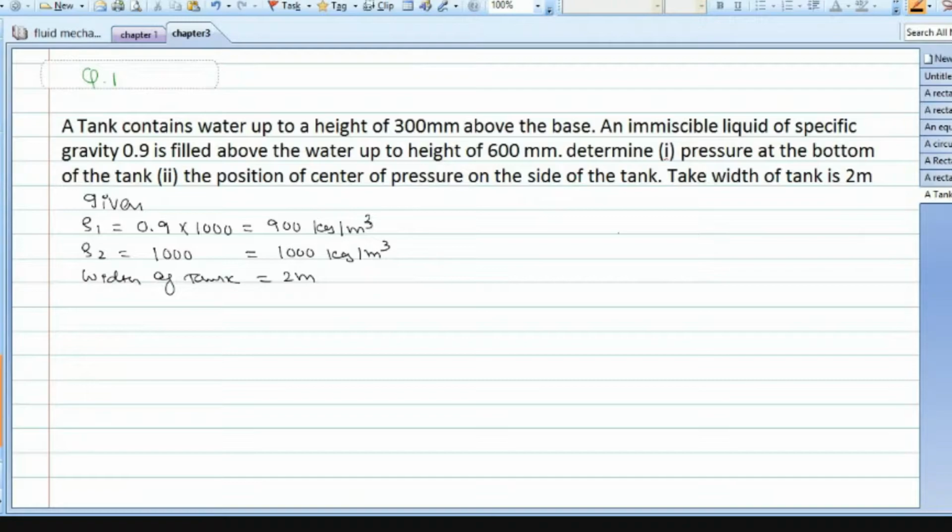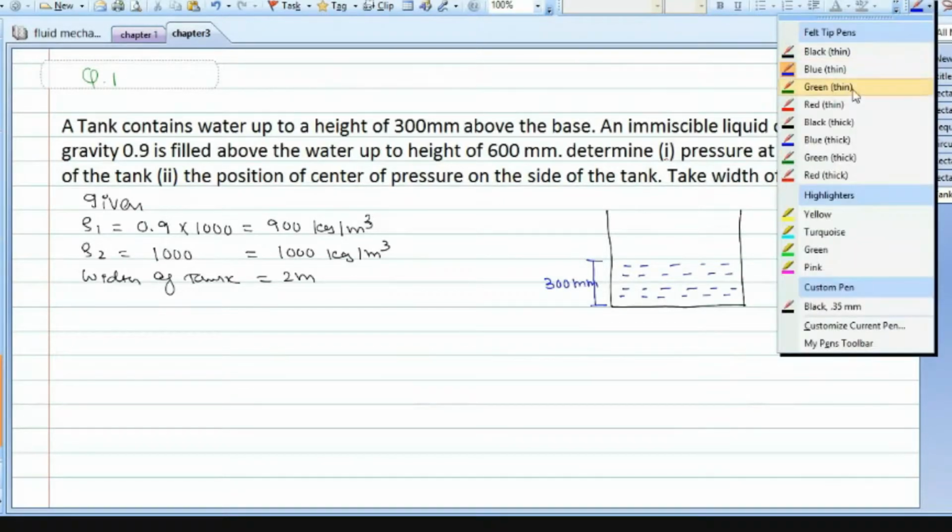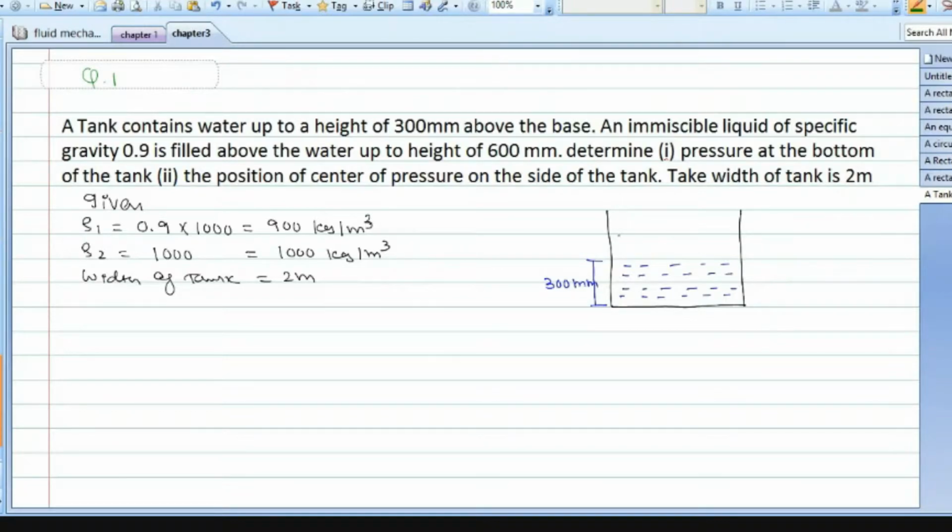So first we understand the situation given in the numerical. In this tank, first we fill the water, which I indicated using the blue line. We fill the water up to the height of 300, so this height is 300 millimeter, and above it we fill another liquid having the specific gravity of 0.9.